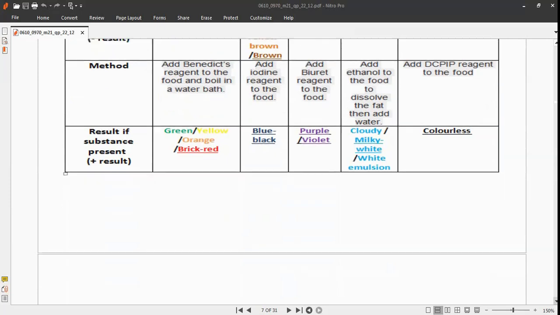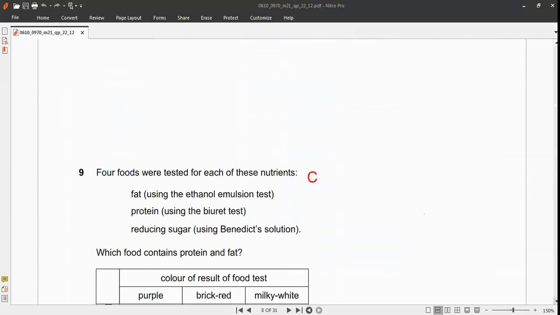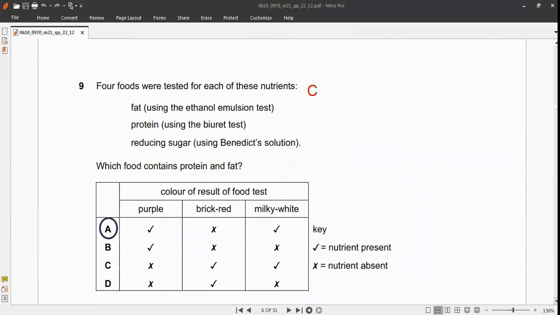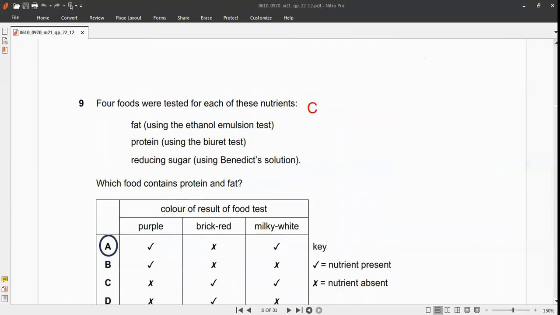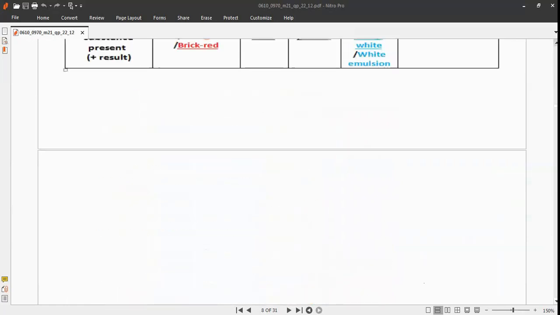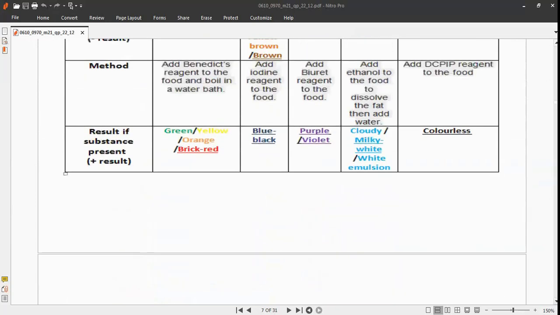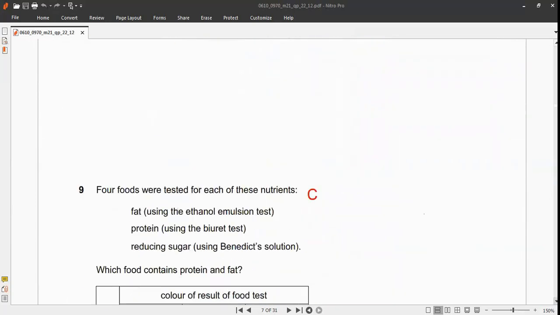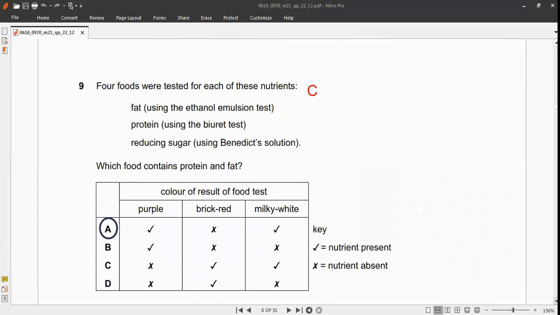So let's see the question. Fat: the color of the result of the food test for fat using ethanol emulsion. Okay, let's see the fat. Fat, milky white, yes.